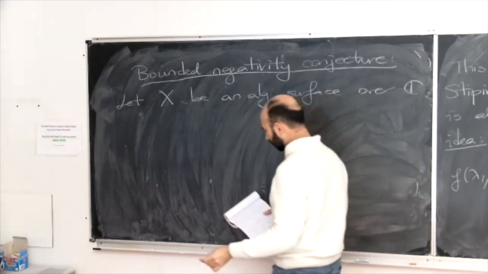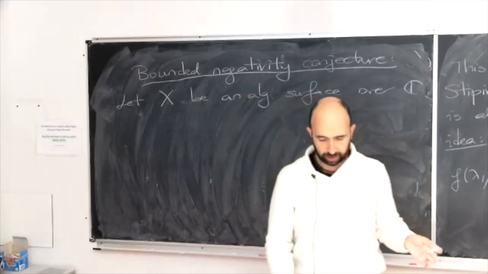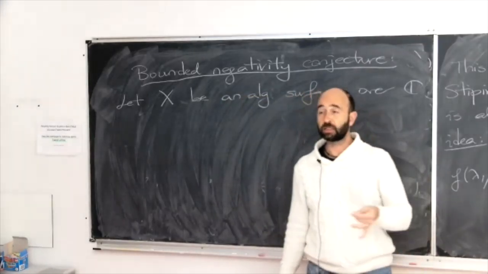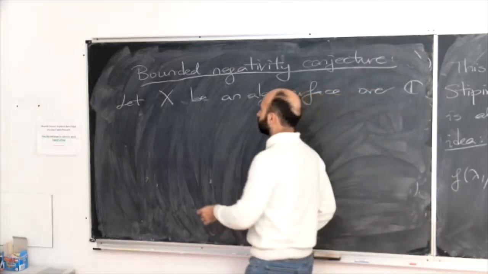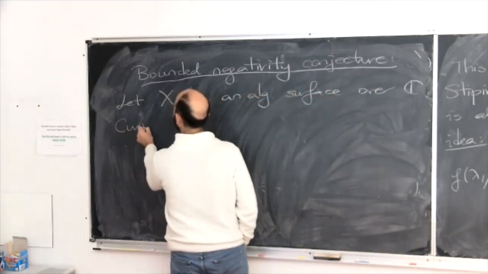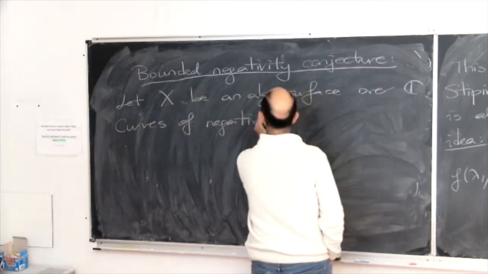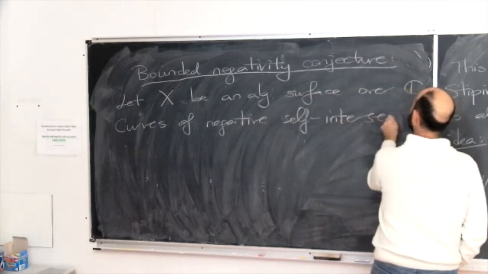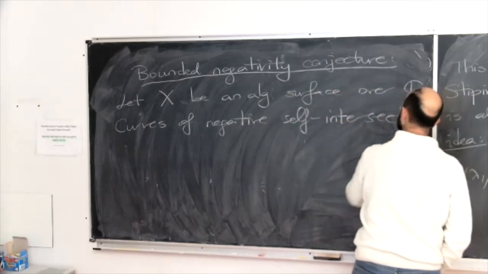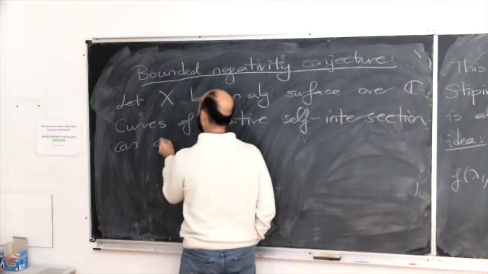Now, it's kind of customary that we have possibly negative self-intersection curves on such a surface. So curves of negative self-intersection can appear, and this is not very esoteric.